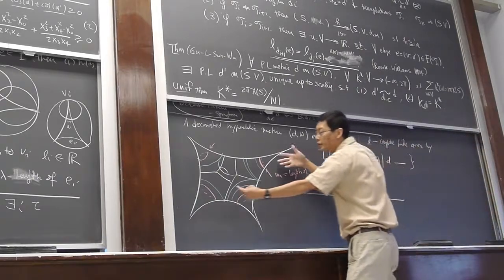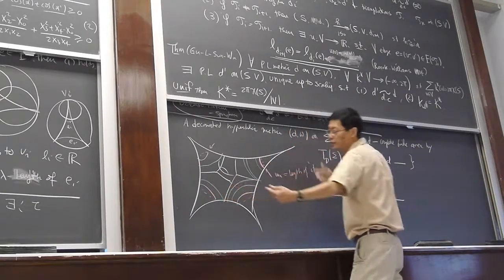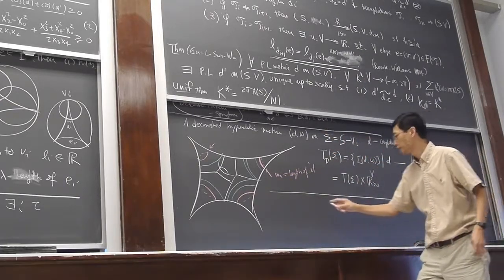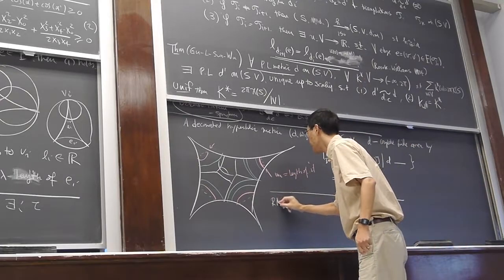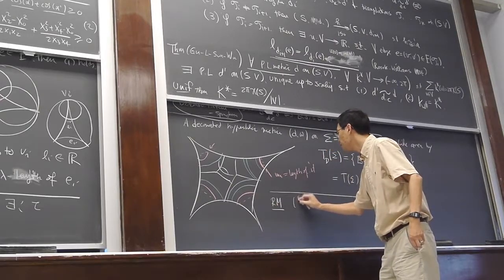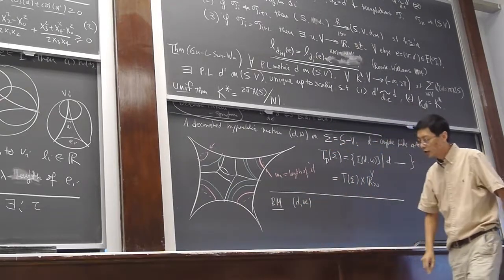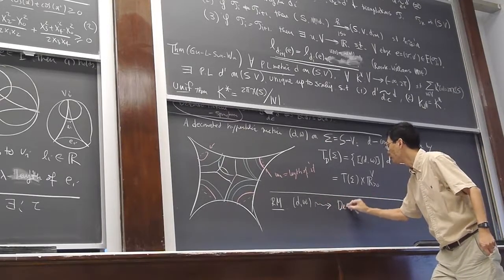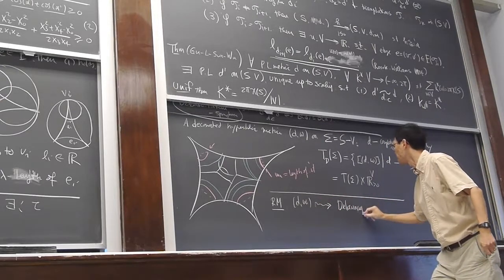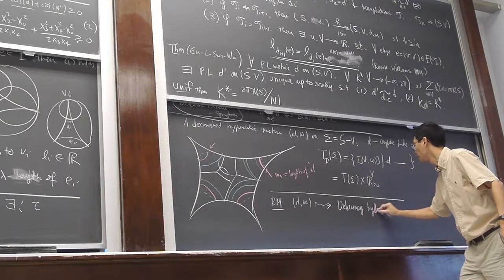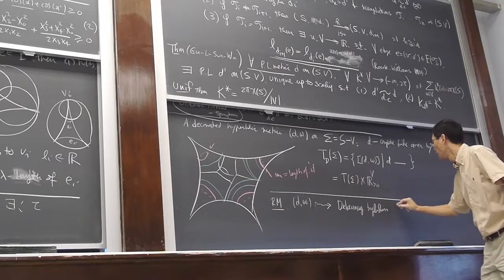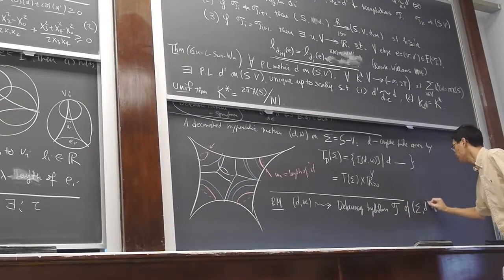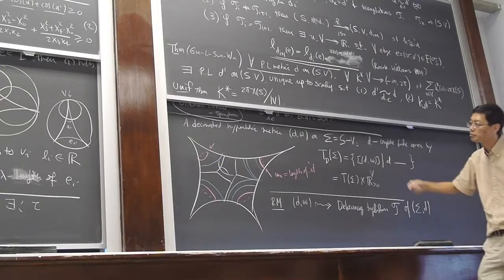If there are no decorations, there's no canonical way to produce it. And the dual of that is a triangulation. Let me just make a remark. The same construction tells you that whenever you have a decorated hyperbolic metric, you can produce a Delaunay triangulation T of the hyperbolic surface, just by expanding it.